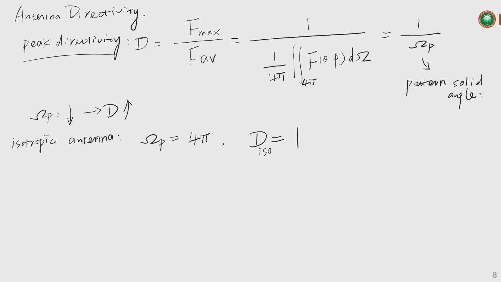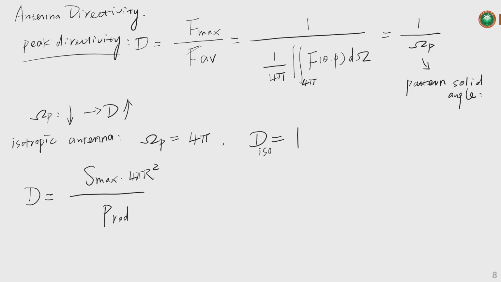If we consider this parameter again, it can be expressed as the maximum divided by the average. So it can also be represented as the maximum power density times 4 pi r square, divided by the radiated power.